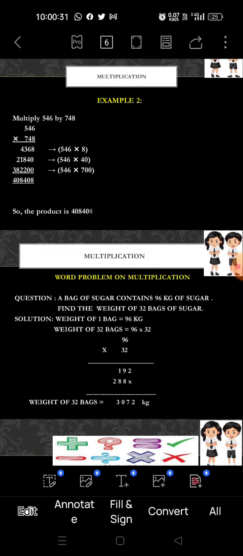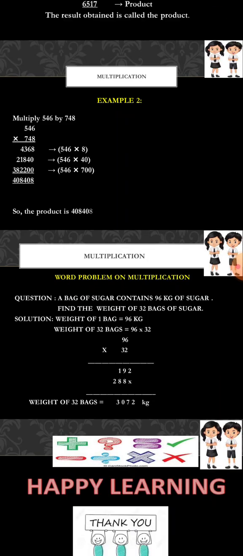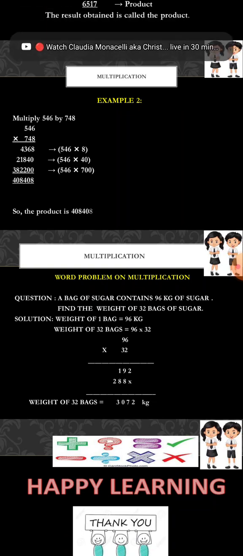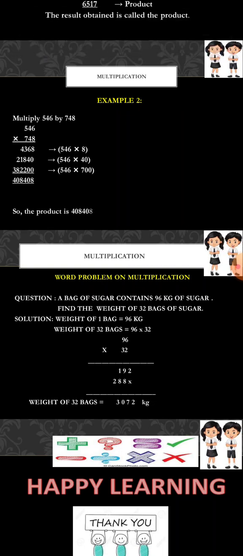Now example 2. Multiply 546 with 748. So 546 multiplied by 748. 6 eights are 48. So we'll write 8 and take 4 as carry. 8 fours are 32. 32 plus 4 is 36.